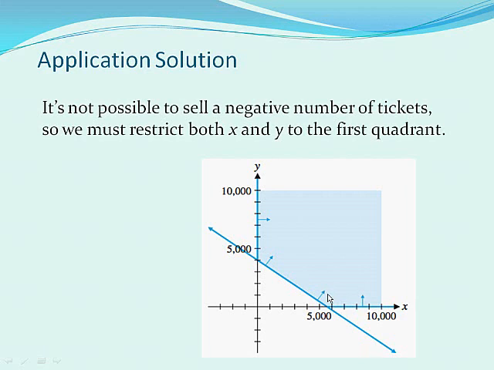But we cannot shade all the half plane because of the restriction on the variables x and y. We can only shade in the first quadrant. So we are using these arrows here to show that x has to be greater than or equal to 0, and these arrows here to show that y is greater than or equal to 0, and these two arrows mean we are shading above the line, so we get this blue region up here.